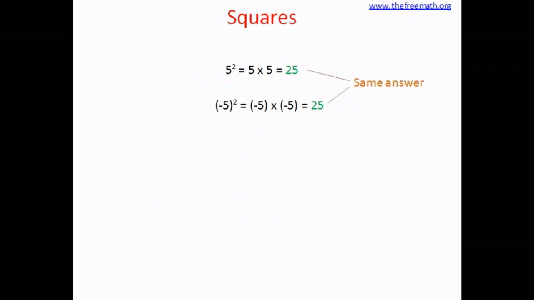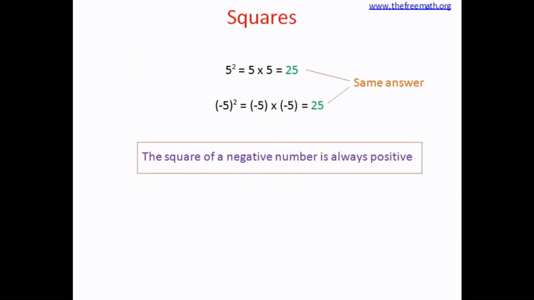Now you can see that you got the same answer here. That's very interesting. So what you understand here is that the square of a negative number is always positive. That means whether you square positive 5 or you square a negative 5, you are going to get the same result.